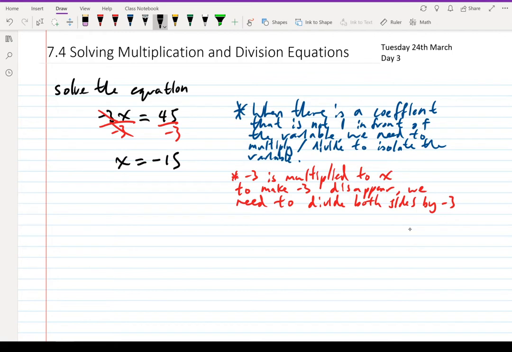One thing I want us to keep very clear is that when multiplying and dividing, make a note over here.